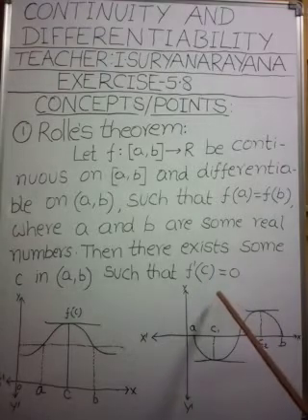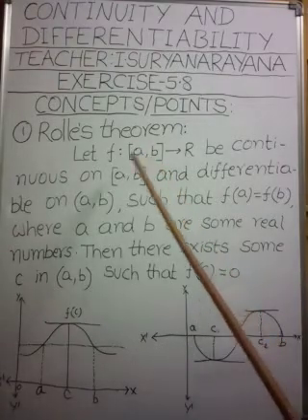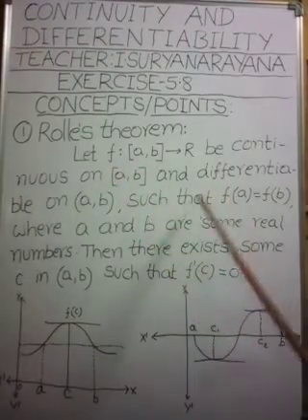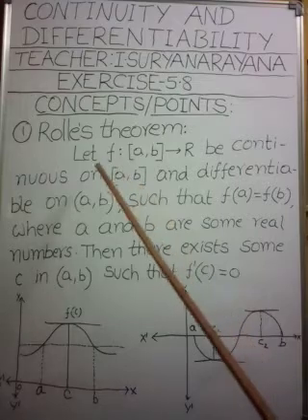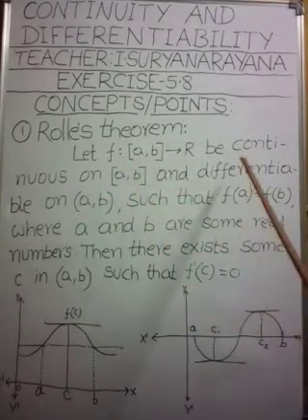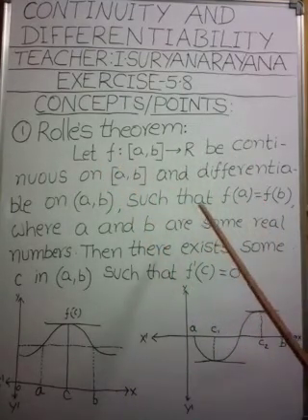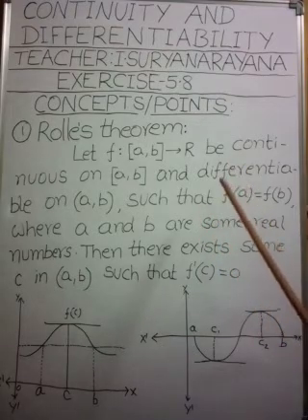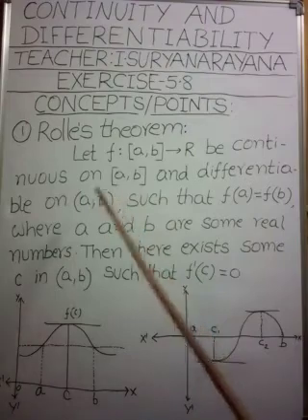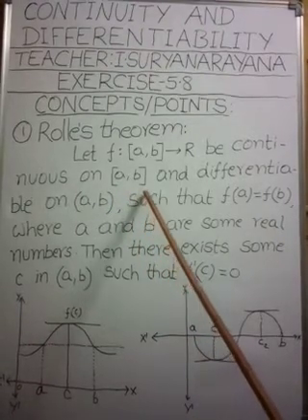0. In that case, if the given function f satisfies these 3 conditions, what are the 3 conditions? I repeat the 3 conditions one more time. f should be continuous on the closed interval [a, b]. That is the first condition.